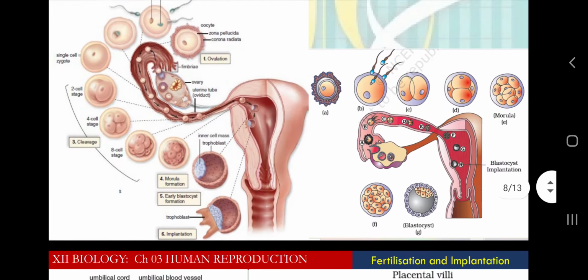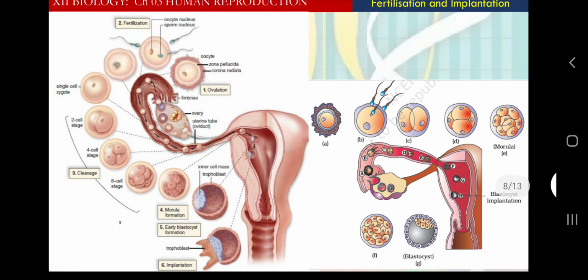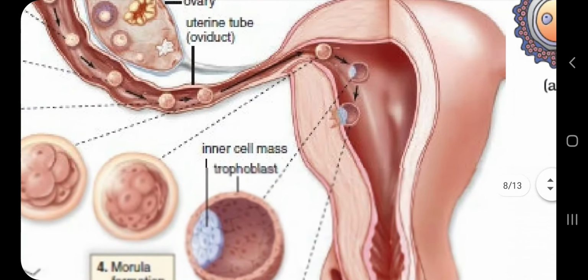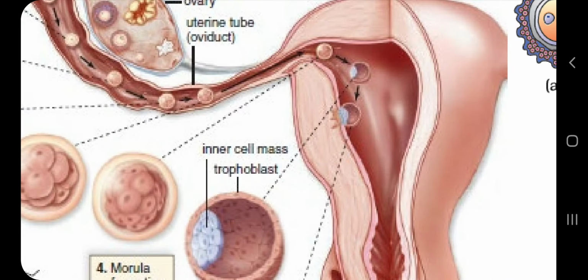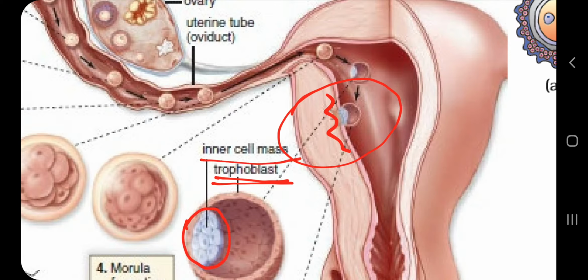Next thing, like I said, the stage which is going to implant inside the uterus with the internal lining of the uterus, which is called endometrium. The outer lining of the blastocyst is trophoblast, and this blue colored cluster of cells is called inner cell mass, which will make the human embryo.